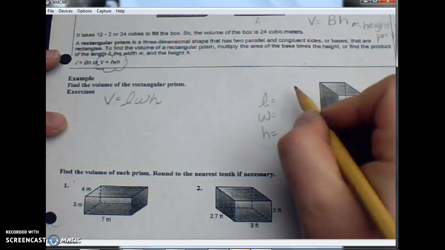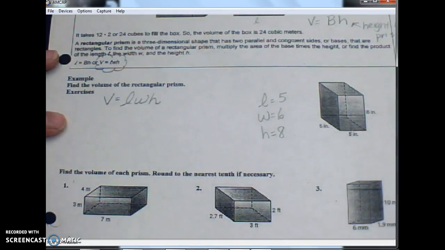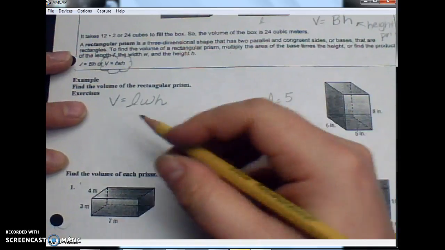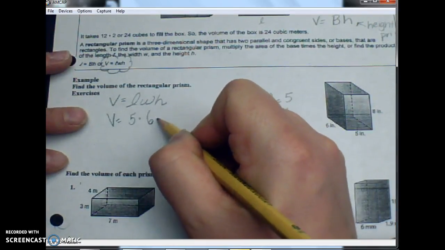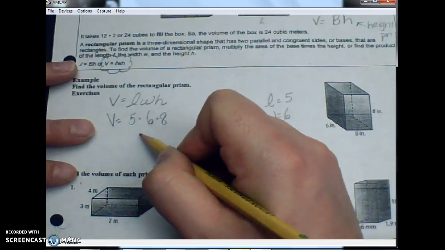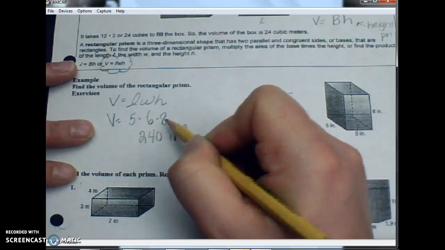In this case, our length is 5, our width is 6, and our height is 8. So I'm going to take my 3 dimensions and just multiply them together. 5 times 6 times 8 gives me a volume of 240 inches cubed.